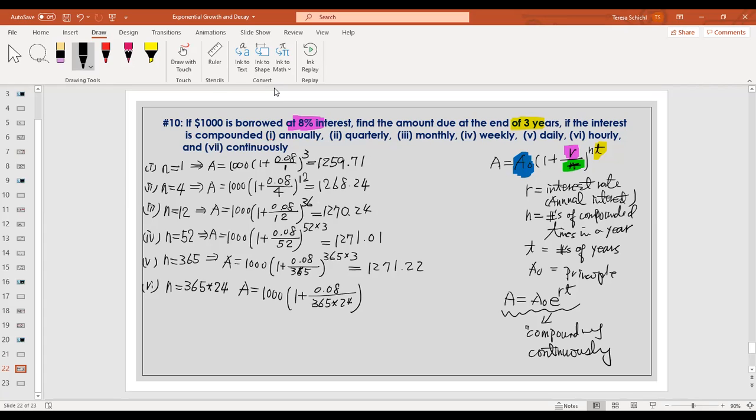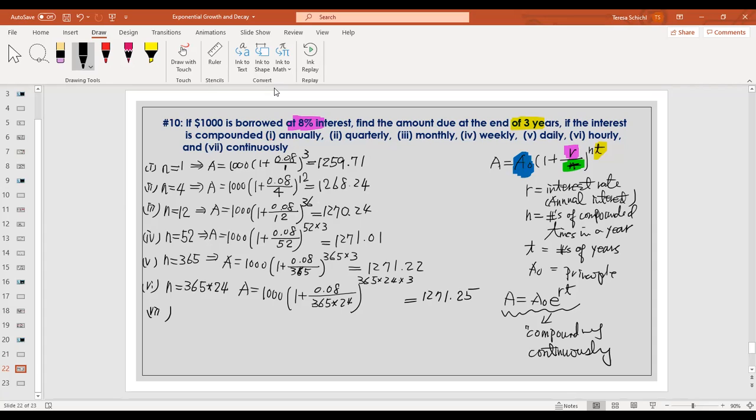Okay, now it's 3 years, so what is your exponent? It's 365 times 24 times 3. Oh boy, so let's see what we have here is 1271.25.